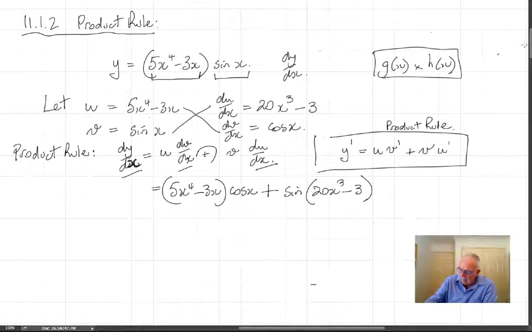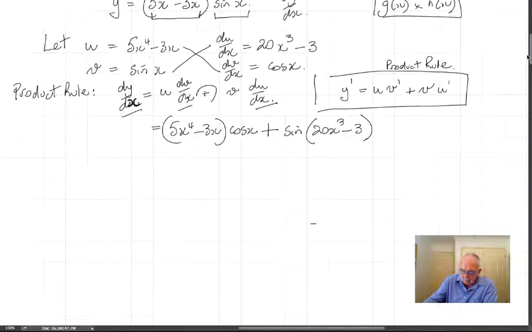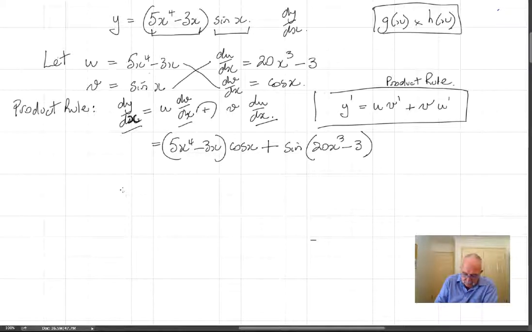Okay, so maybe do one more example. y equals, let's go, 15x ln 4x squared.